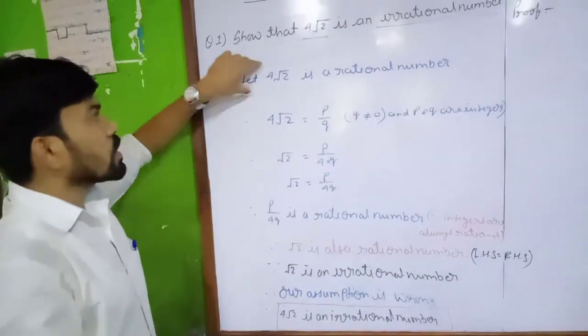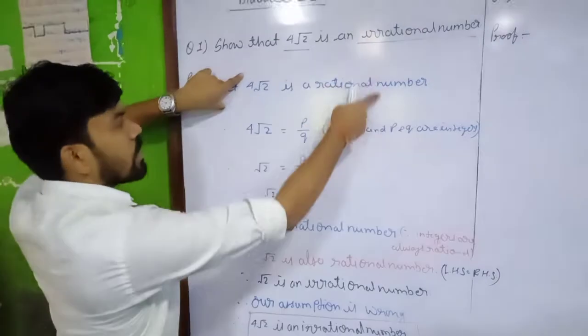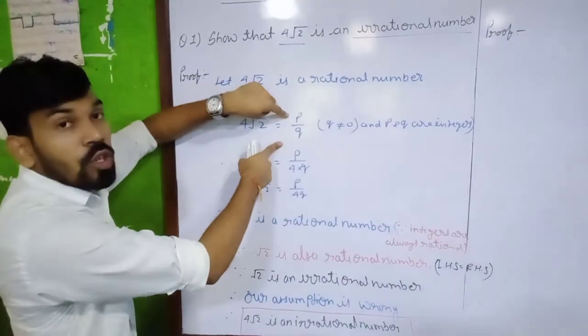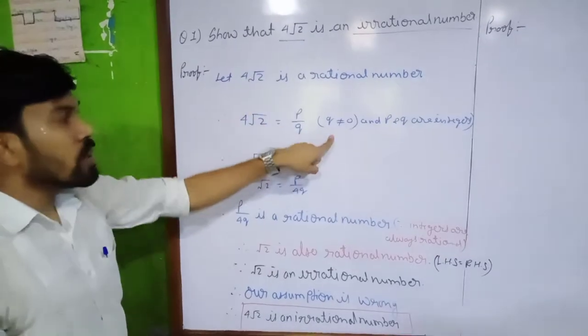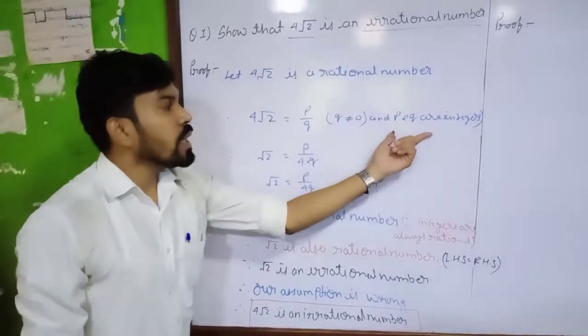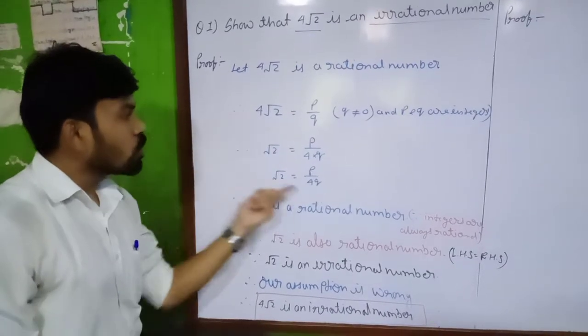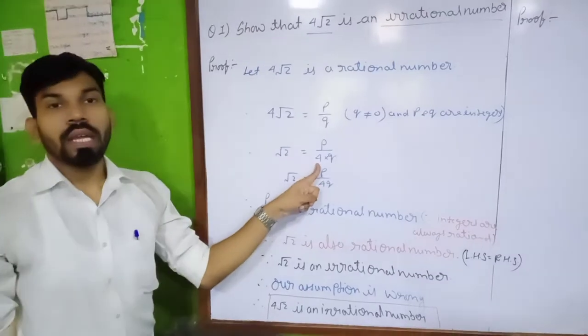Once again, first we assume the opposite of irrational, that is, a rational number. If 4 root 2 is a rational number, it is equal to p upon q, where q is not equal to 0 and p and q are integers. Therefore we take 4 to the other side, and it is multiplied with the q.